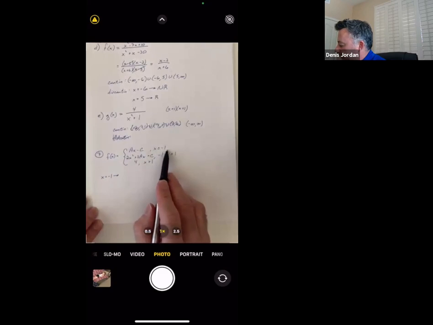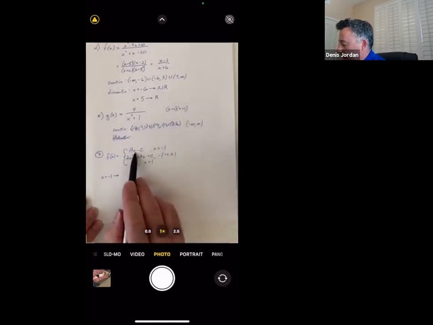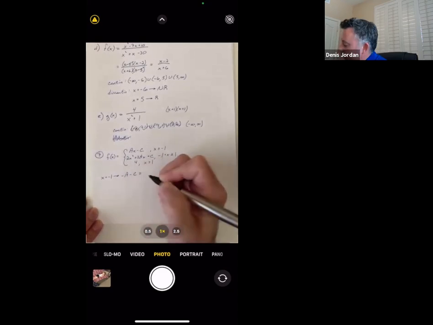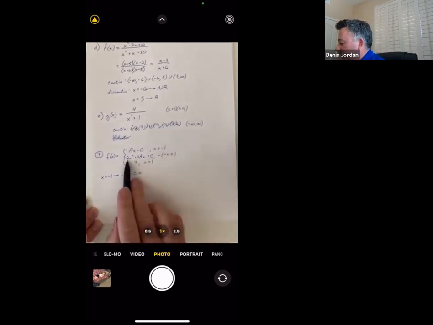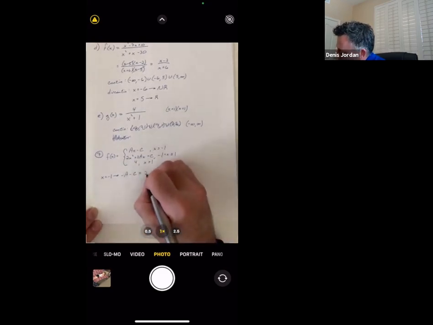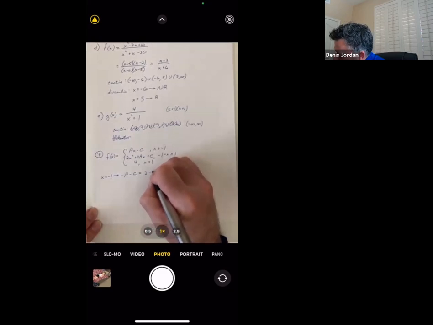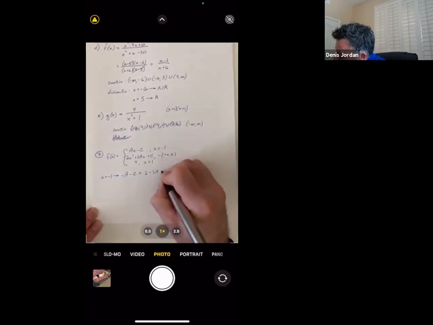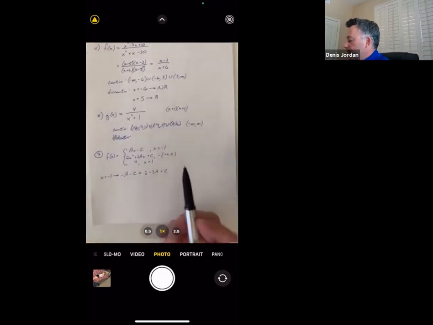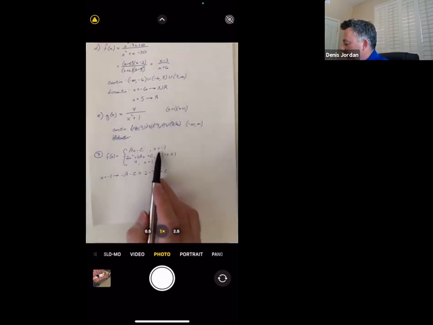So plug in the -1 for X, not all the letters, just the X's. So that'd be -A minus C. And then it has to equal, when you plug in -1 into the second function, 2 minus 3a plus c.